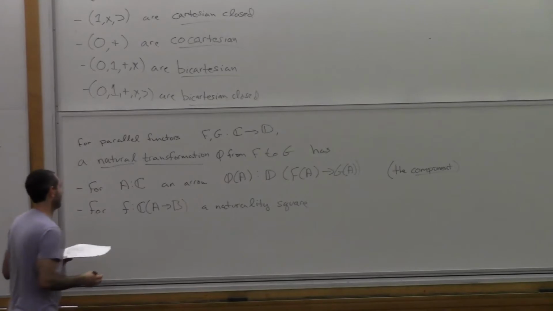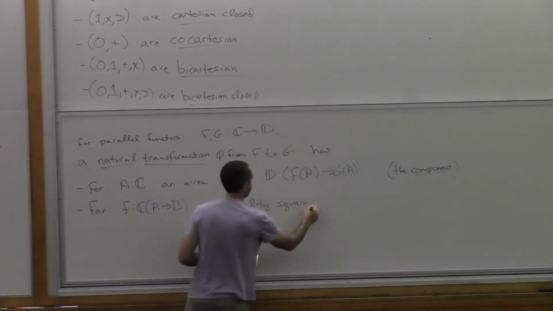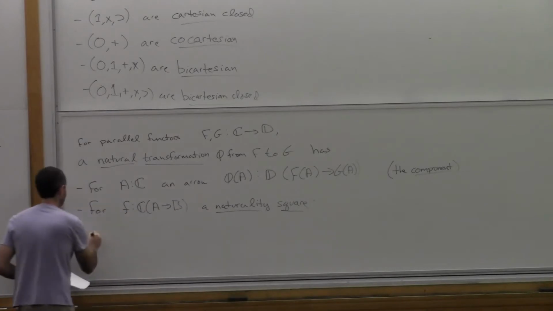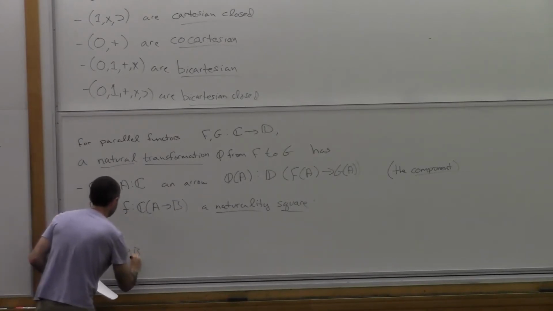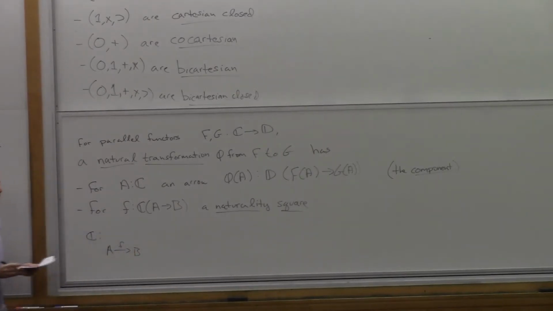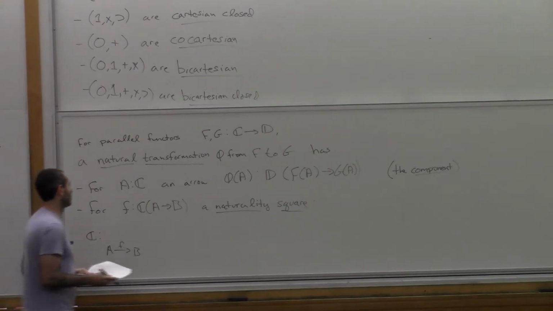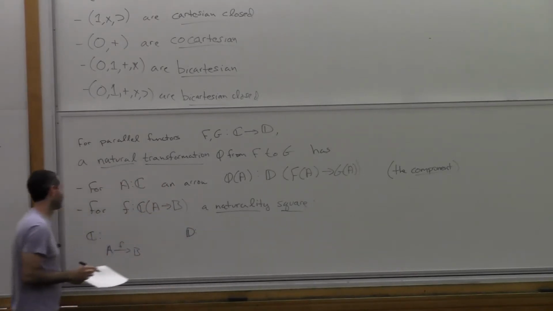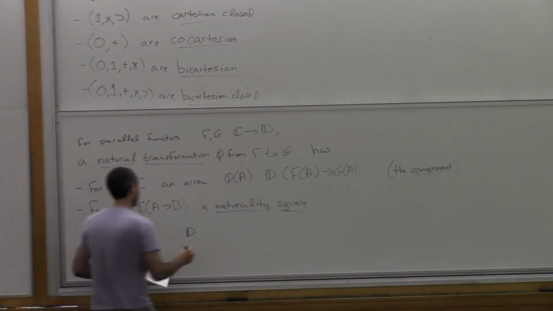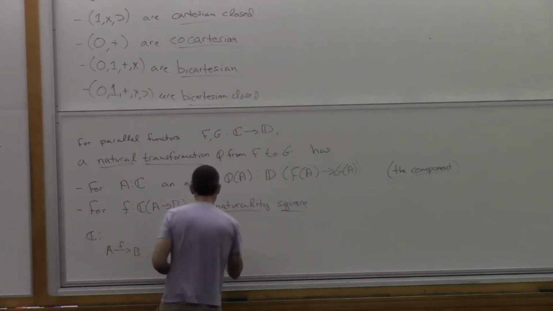So let me present it this way. In the category C, we have this arrow from A to B called f. Now we have two functors going from the category C to the category D. So let me draw you a different diagram here in the category D. In one case, we have F of this arrow, right?